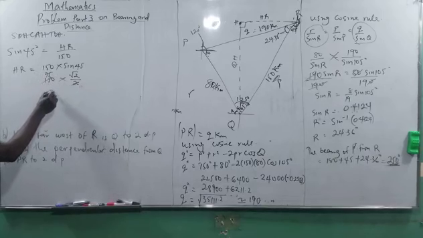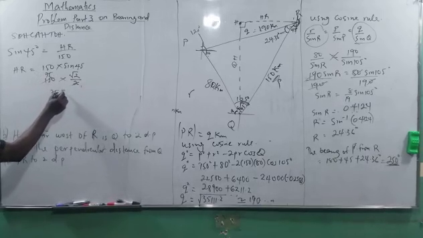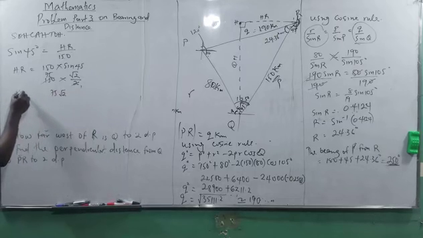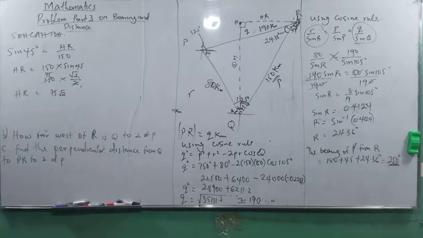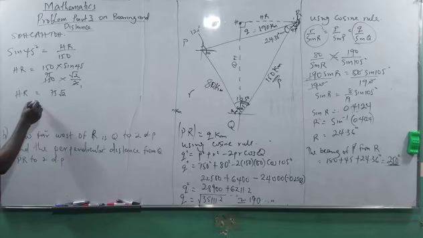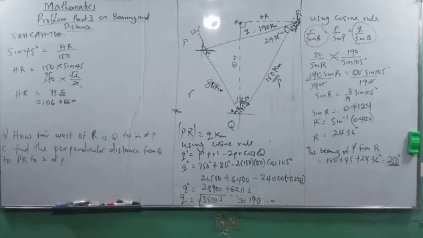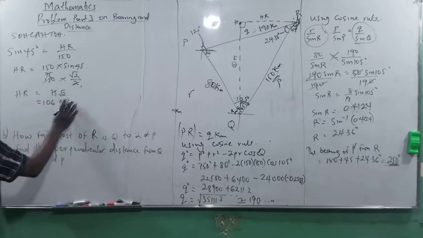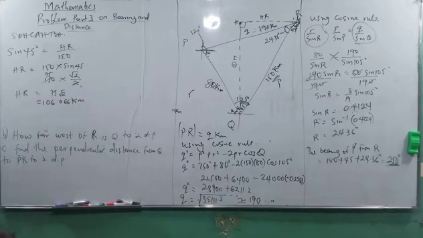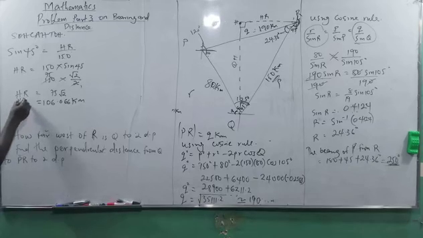Now it means 75 root 2. That is my HR, 75 root 2, which will be 106.0 kilometer. Now it means my HR is that.